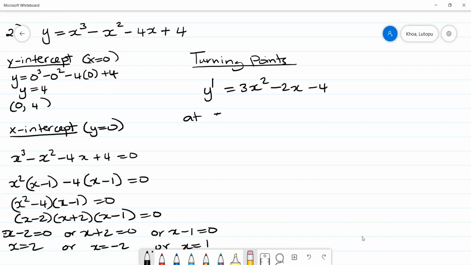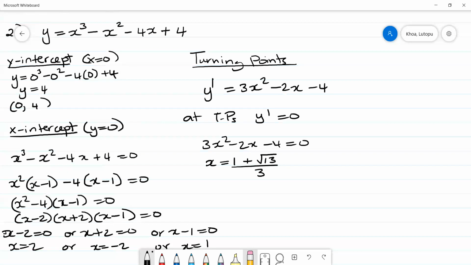At the turning points, y prime is equal to 0, so 3x squared minus 2x minus 4 equals 0. Then I solve it. You can use the formula to solve this. You'll get x is equal to 1 plus the square root of 13 over 3, or x is equal to 1 minus the square root of 13 over 3.